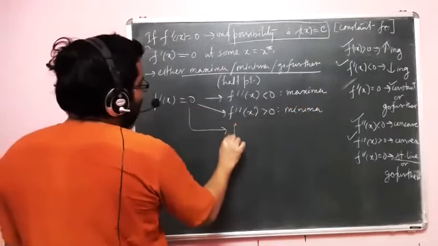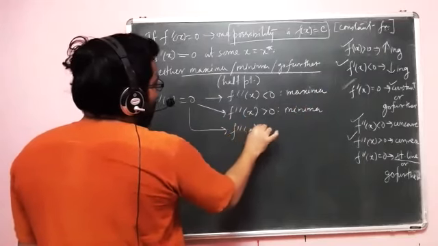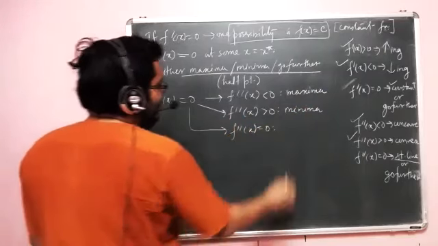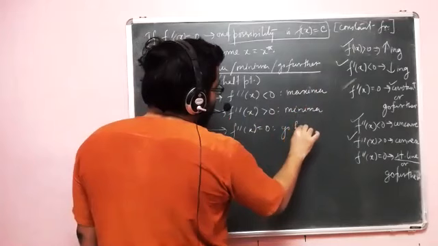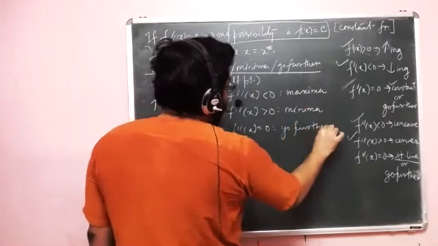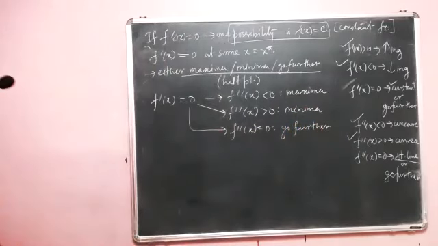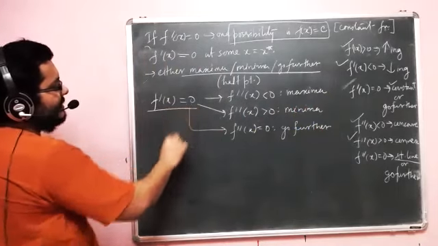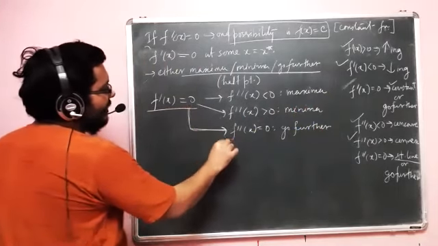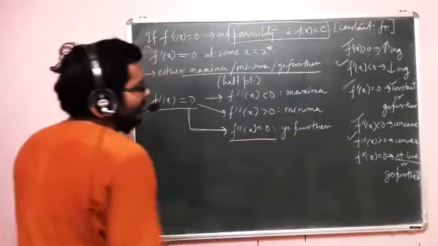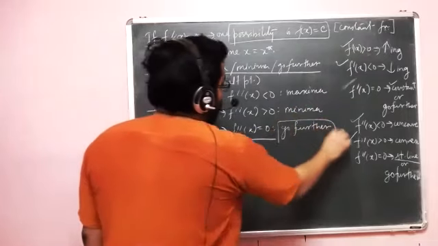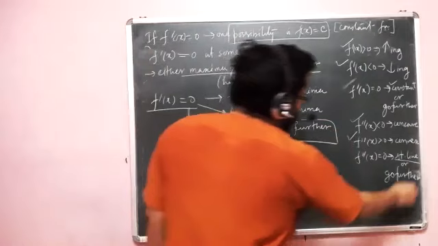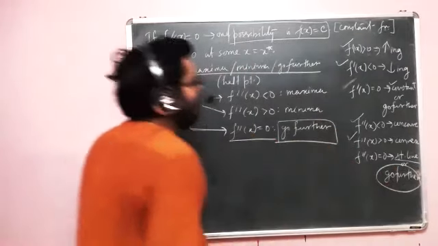What if we have f double dash x equal to 0? Then we have the scenario of go further. And the fun part is that when f dash x equal to 0 and I'm then getting f double dash equal to 0, this go further is basically talking about the last case.